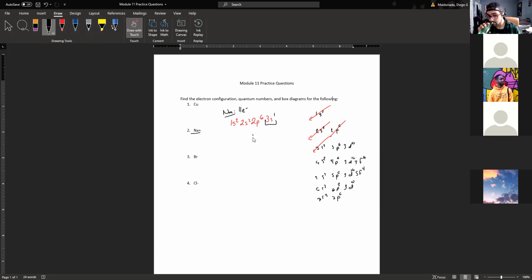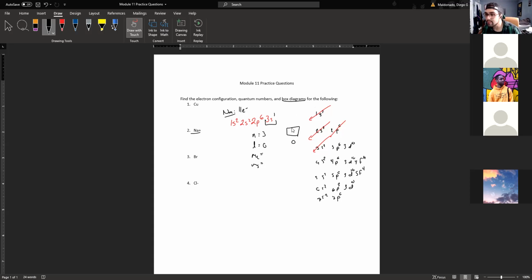Your n is 3. Your l is 0. Before you answer ml and ms, what does my orbital box diagram look like? It's just one box, and that's 0.